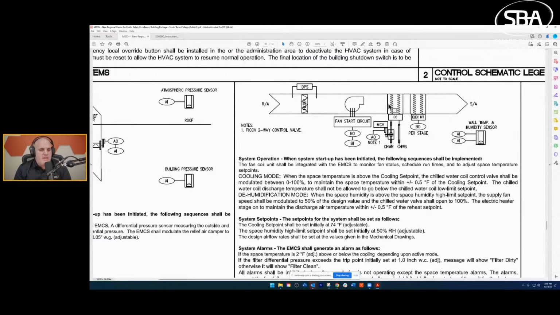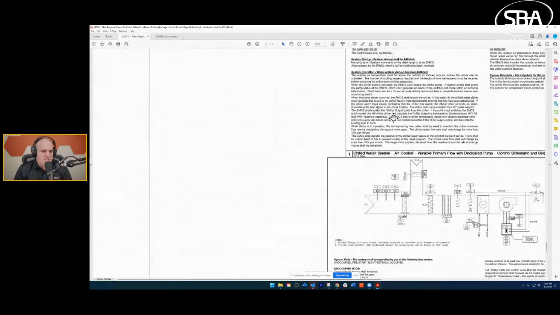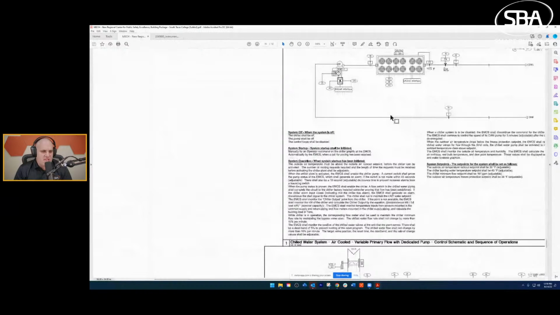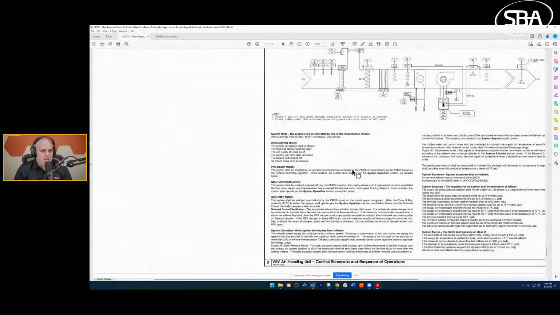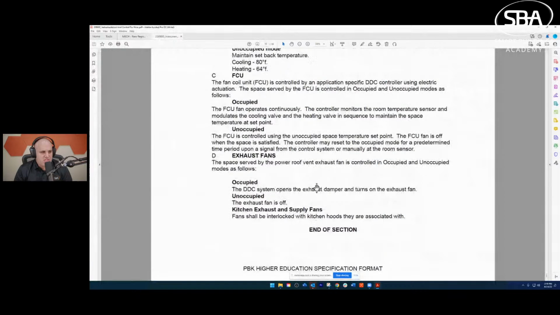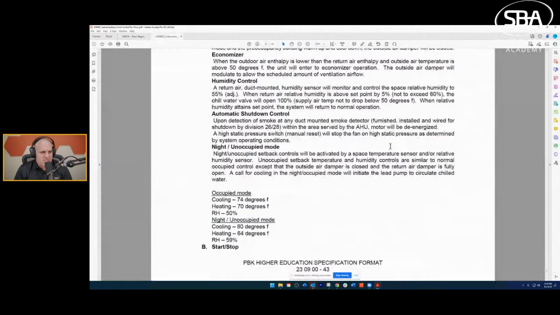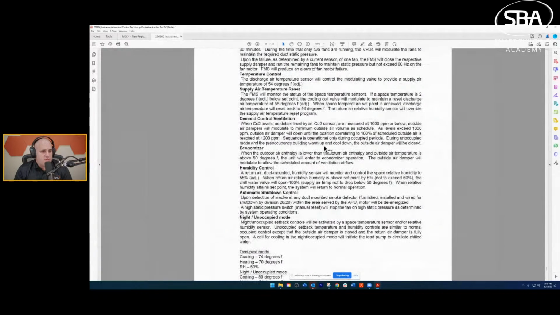This one actually, to that point, has a different sequence for this air handler, this mixed air single path air handler. They have a different sequence here than they do actually in the specification. If we go and we read the specification, there's minor differences in how this spec reads out versus how this reads out.